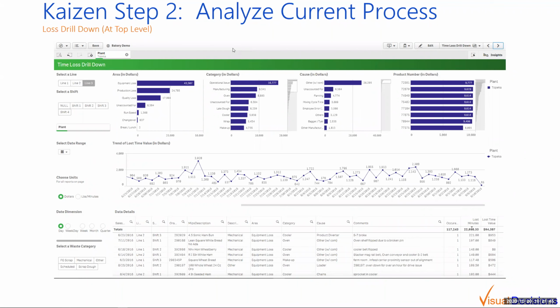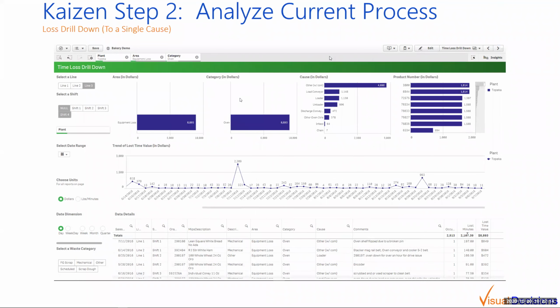Essentially, if I want to know why this machine is going down, I've got at the top level this area, and I can say equipment loss is my biggest contributor to that machine being unavailable. If I drill into the equipment loss, I see that the oven is the biggest category within that area, and I could continue to go down.